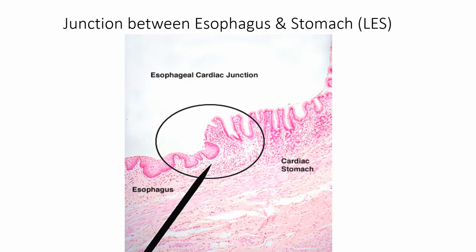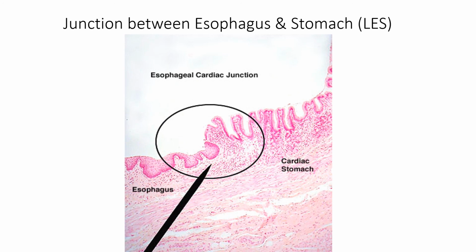All right, so eventually you come to this point here. This is where the esophagus and the stomach meet. Normally we would think of the division point between the esophagus and the stomach being that cardiac sphincter that divides the two organs from each other. Well, if you want to be specific, the actual junction between the esophagus and the stomach is a tissue change.